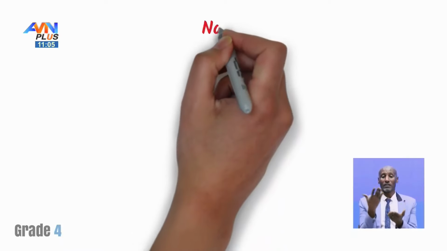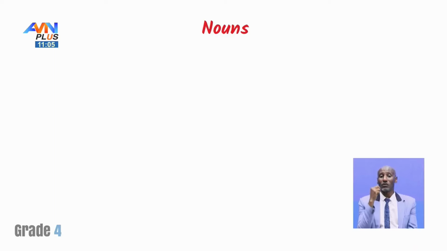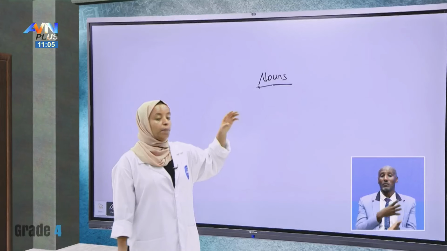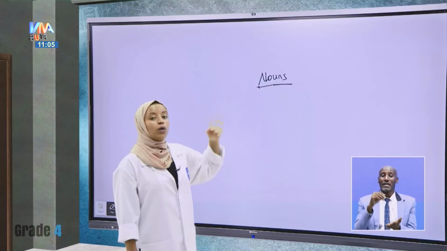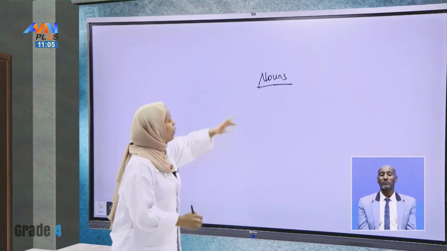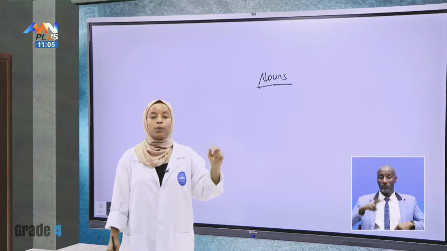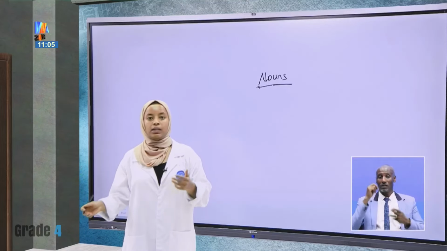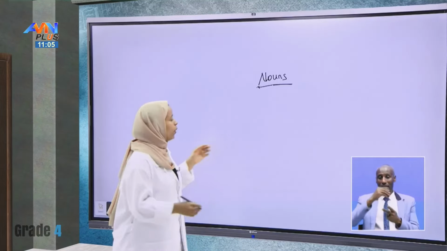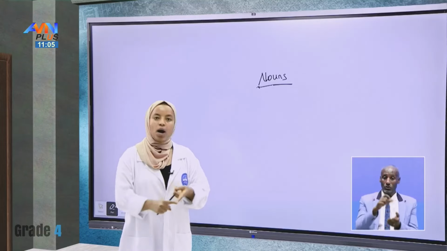Before starting quantifiers, let me remind you of countable and uncountable nouns, because we are going to use these nouns with quantifiers. We can have two types of noun: countable and uncountable. Countable nouns are those you can count, like 1, 2, 3.